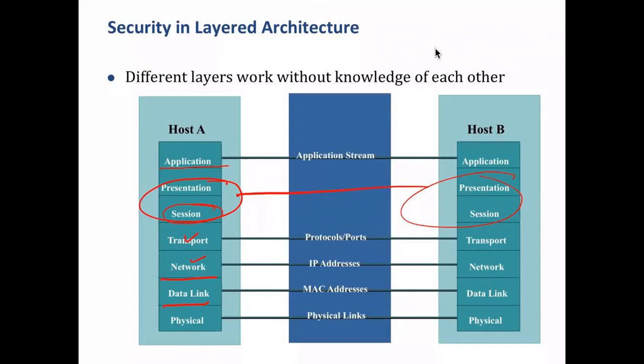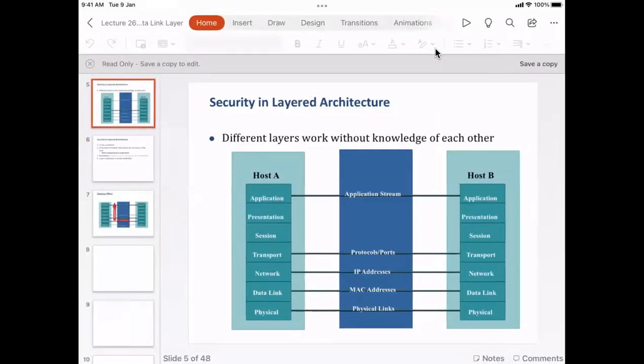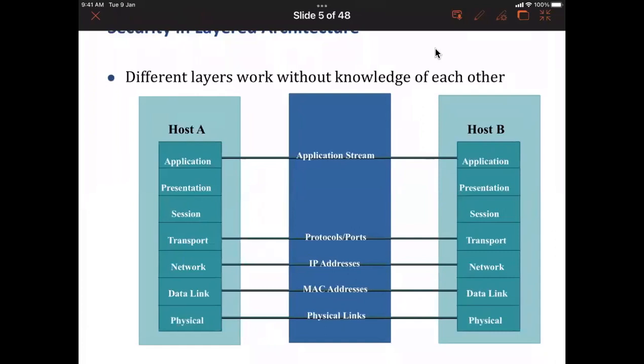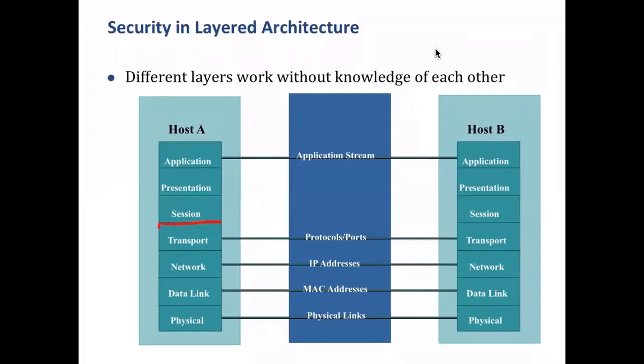So when we have this architecture of internet, with these layers, what is the security that is needed, and how does the security of one layer impact the security of another layer? Note that the functionality of these layers is independent.